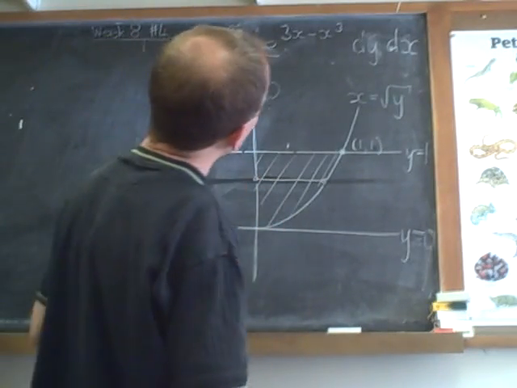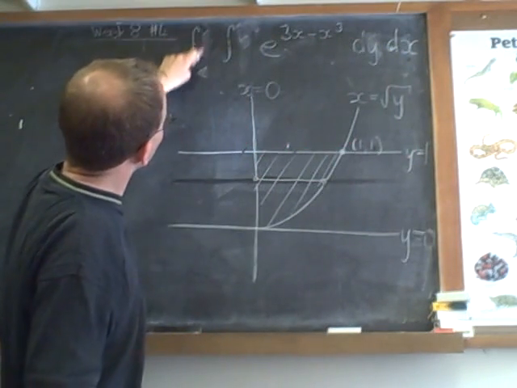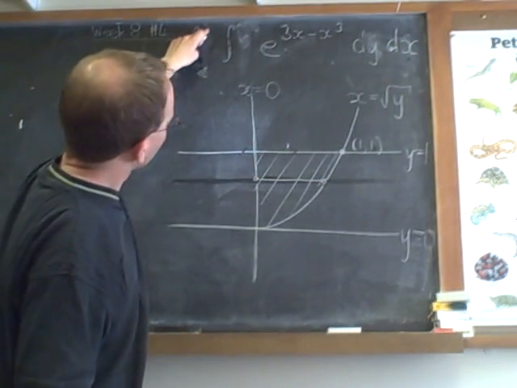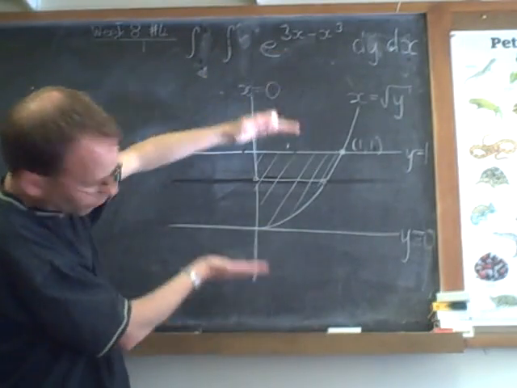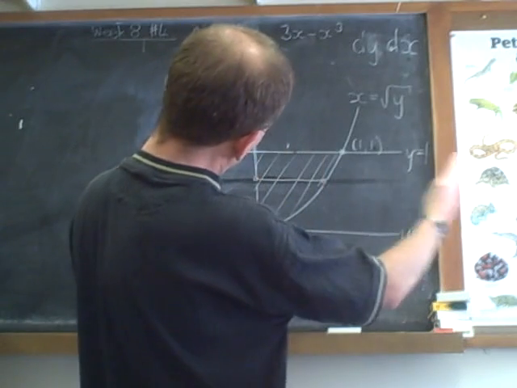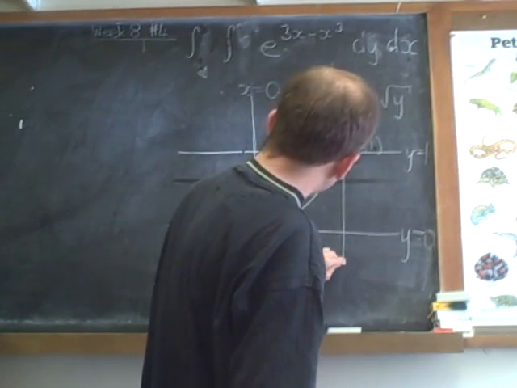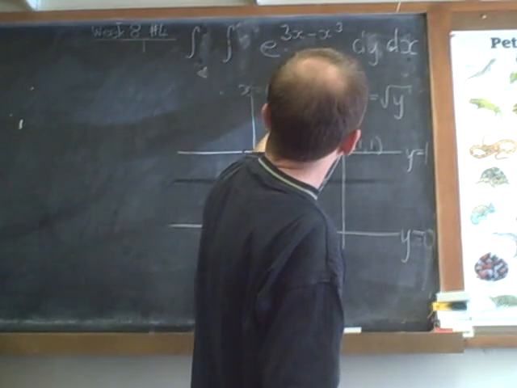So given this region, now on the outside we've got dx, so we want x limits here. So rather than a pair of horizontal lines bounding the region, we want a pair of vertical lines bounding the region, and that's going to be x equals 0 and x equals 1.